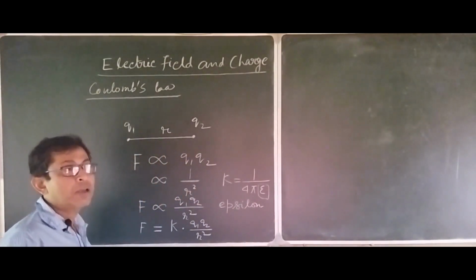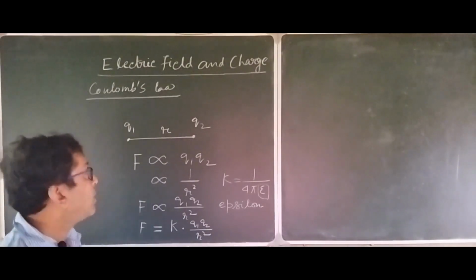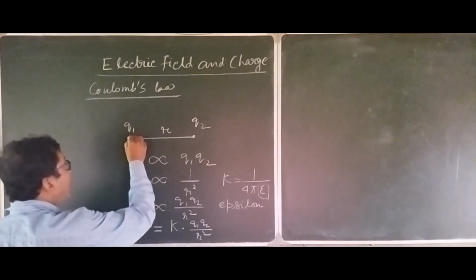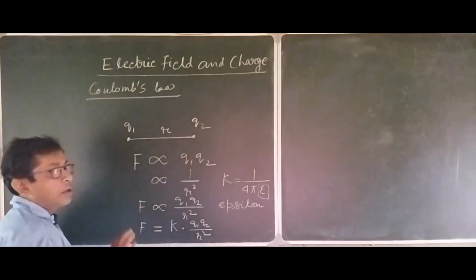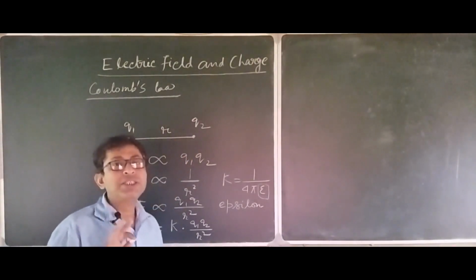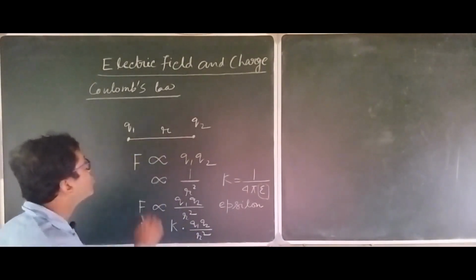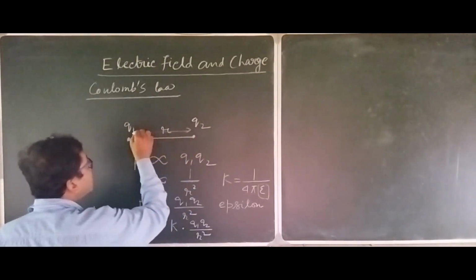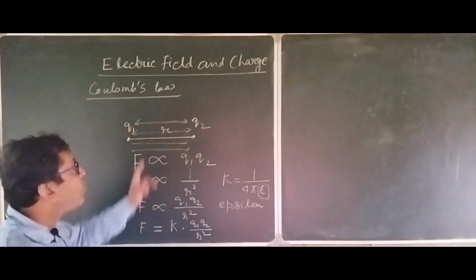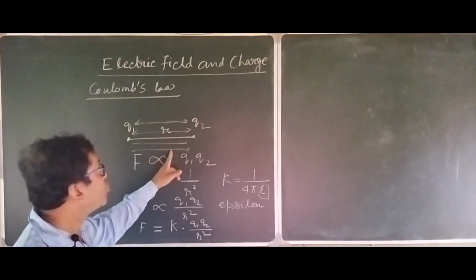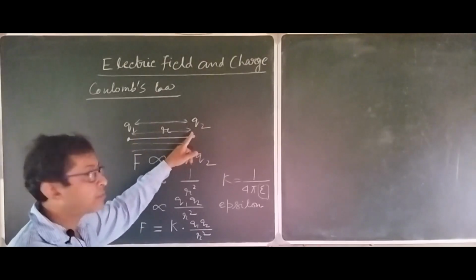What is permittivity? It is termed as permission. That means this charge starts attracting or repelling that charge. That repulsive or attractive force is nothing but a kind of flow of energy, and that energy flows through this region. That flow of energy is completely controlled by the medium between the two charges.